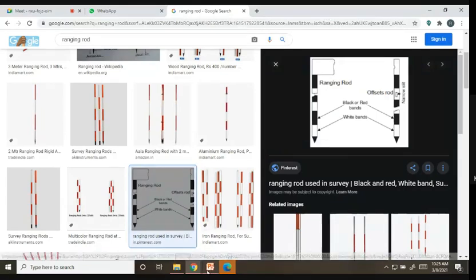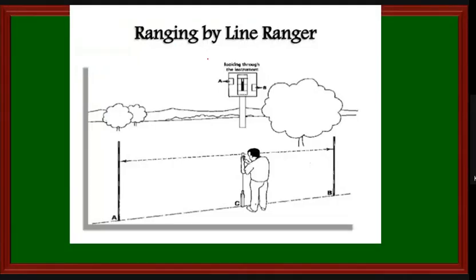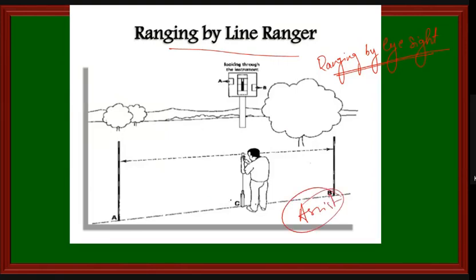Now we will go back to this one. Ranging by eyesight we have done. But here I don't have any assistant, so I want to establish the station.